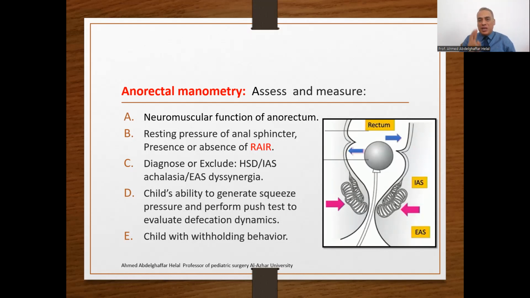Absence of this reflex may be present in Hirschsprung disease or smooth muscle disease, internal anal sphincter achalasia. Also, this test will assess the external anal sphincter, the presence of withholding behavior, and abnormalities in the defecation dynamics. Very essential test, anorectal manometry. So we start with a plain X-ray and the contrast enema, followed by anorectal manometry.